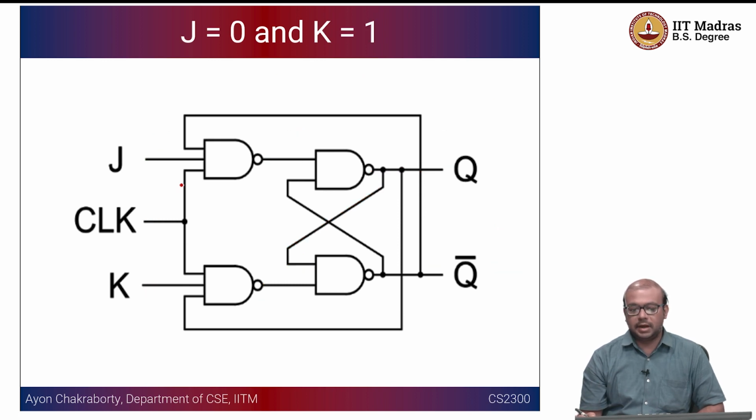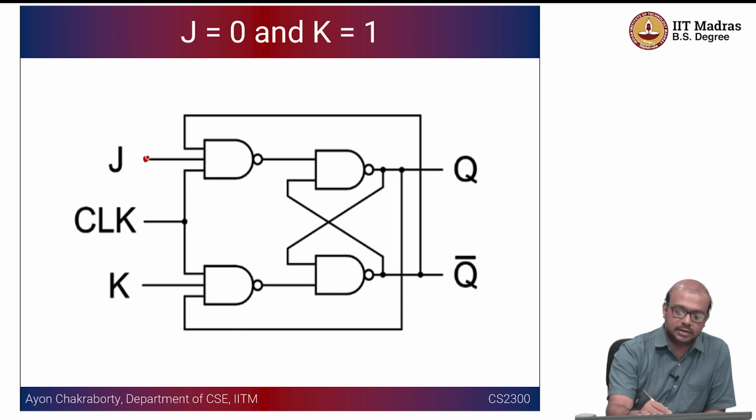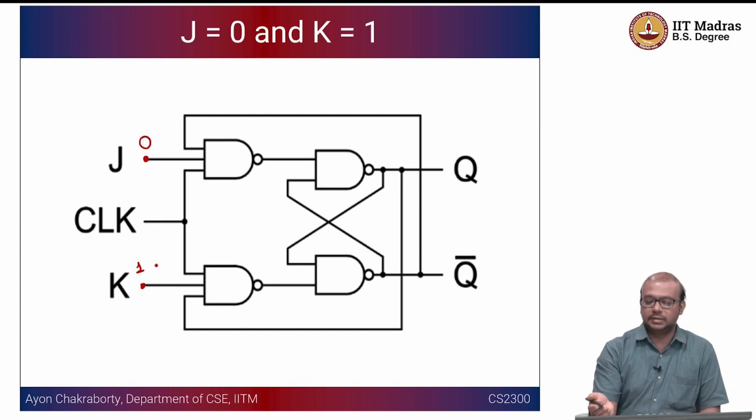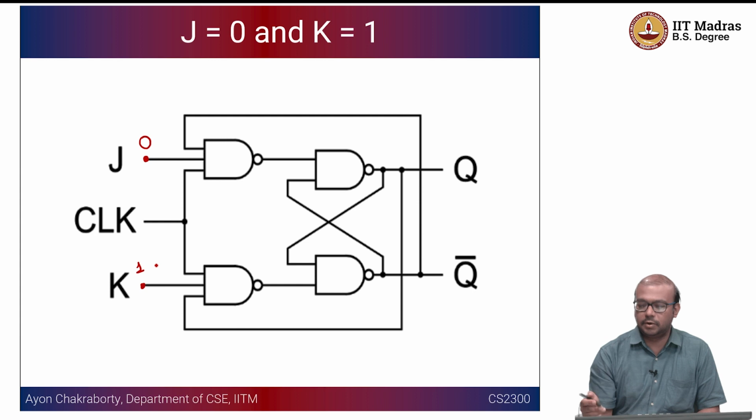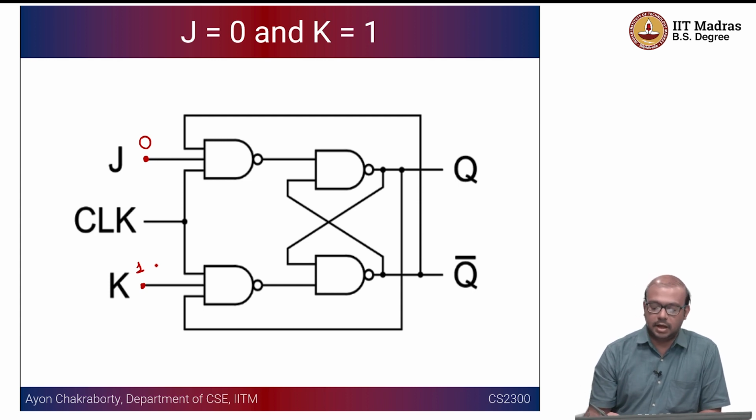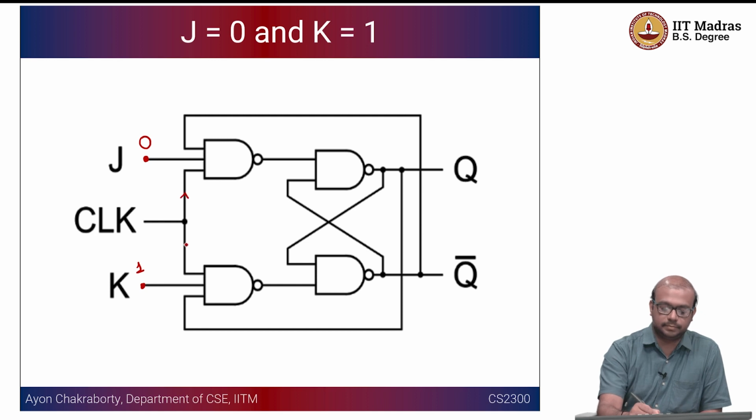For example, we can have a situation where J is equal to 0 and K is equal to 1, right? So similarly, we can have these two cases. Q can be either 0 or 1, or you can just work with the value of Q. Clock, we are assuming this is coming and enabled.